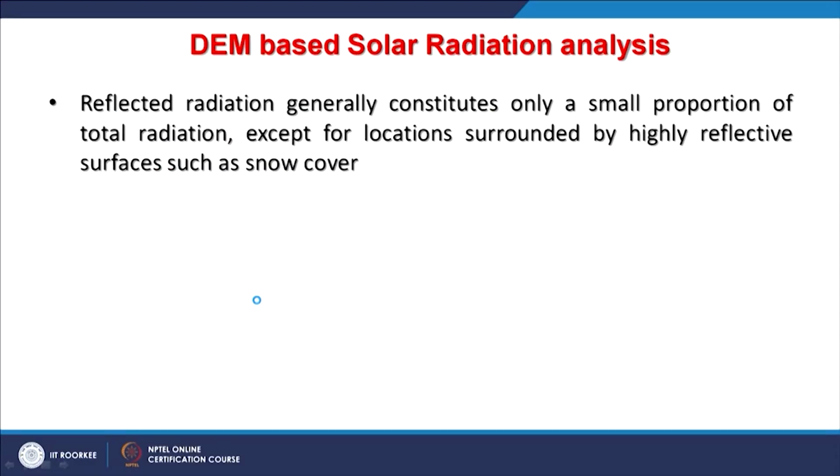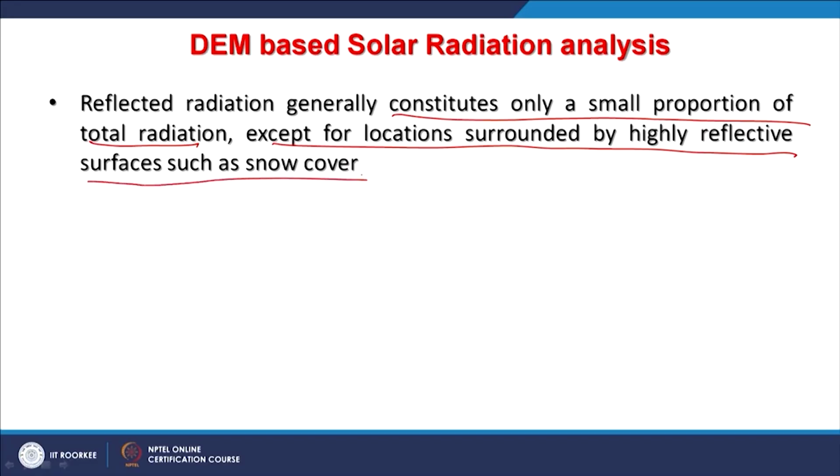Reflected radiation constitutes only a small portion of the total radiation, except for locations surrounded by highly reflective surfaces such as snow cover. In areas covered with snow or glaciers, where reflection is very high, the reflected radiation can also be of very significant amount.